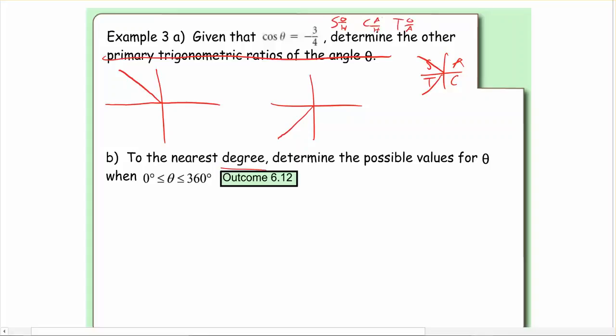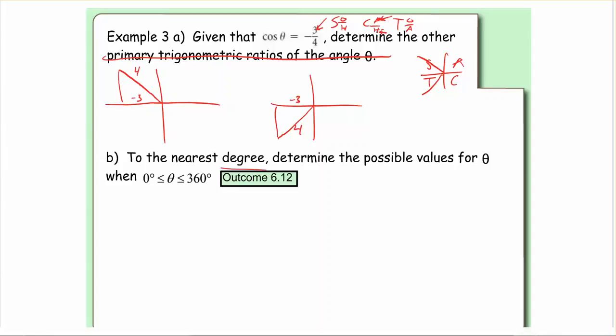So cosine, the top one's adjacent. That's the only one that can be negative or positive, right? The hypotenuse is always positive. So here it's the 3 that's negative. On this triangle, this is going to be negative 3, and my hypotenuse is going to be 4. On this triangle, this would be negative 3, and my hypotenuse would be 4.